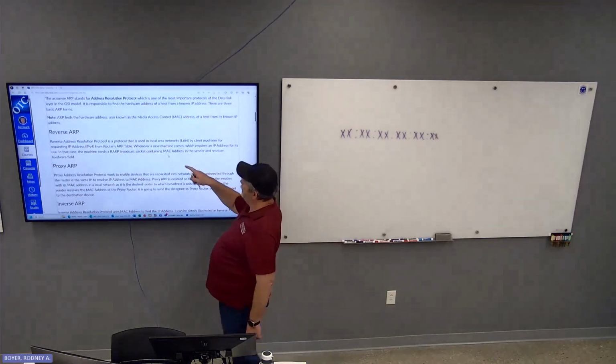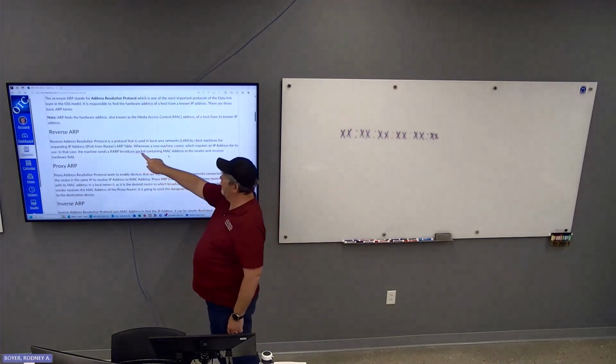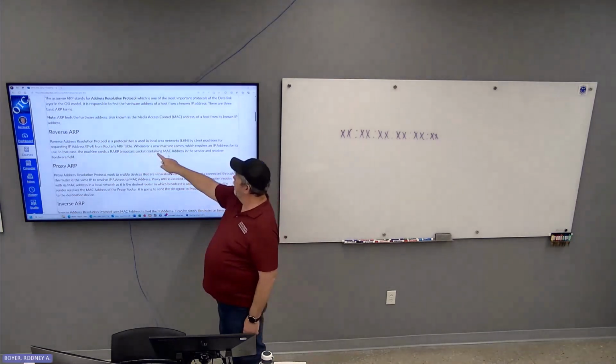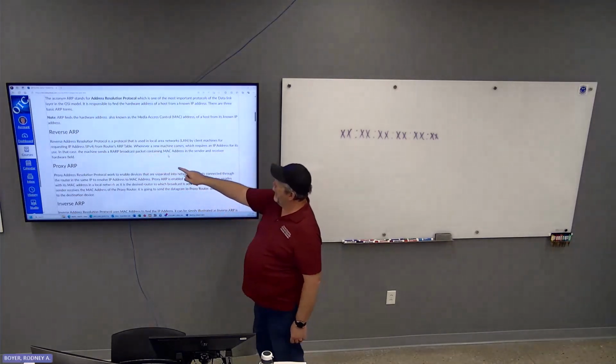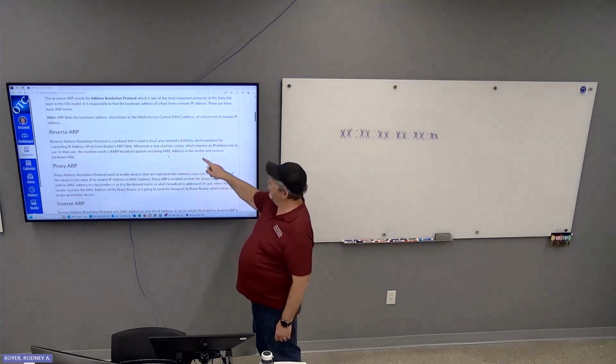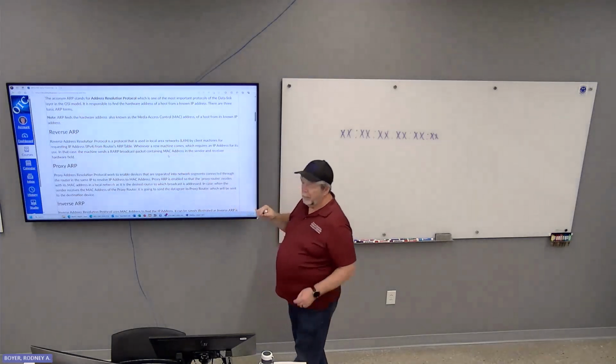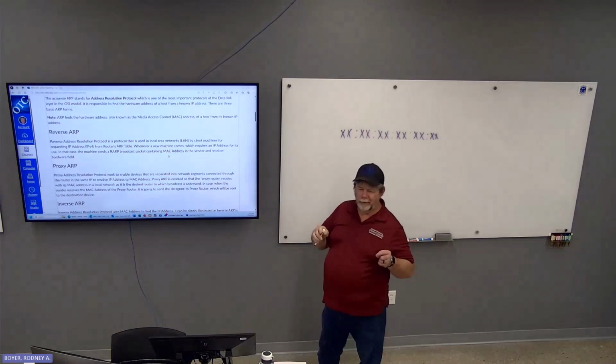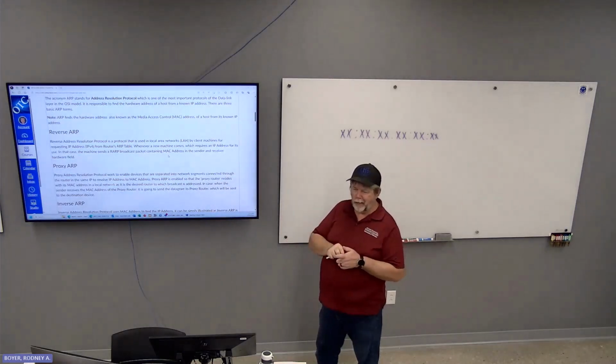This broadcast packet contains the MAC address in the sender and receiver hardware field. In your Ethernet frame, you have, like I said, the source and destination MAC address.